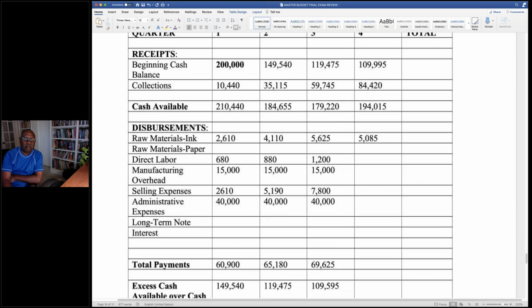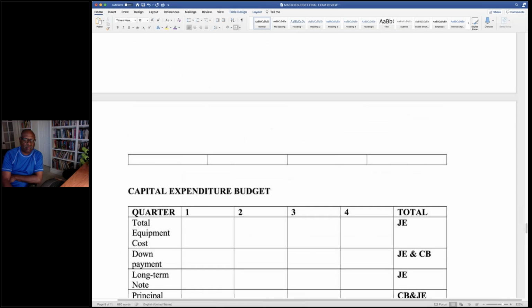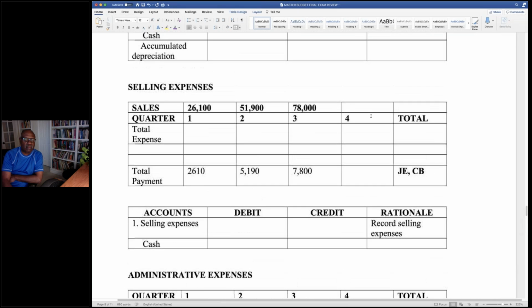Our manufacturing overhead is the same. It'll be 15,000. And then our administrative is 40,000. The sales budget, our total sales.